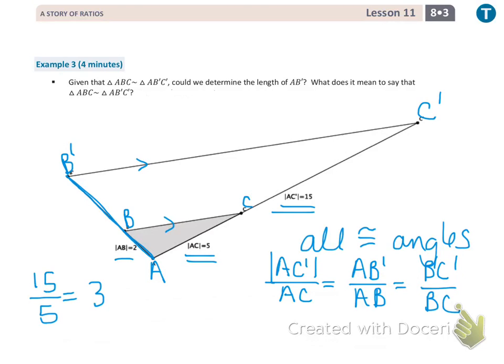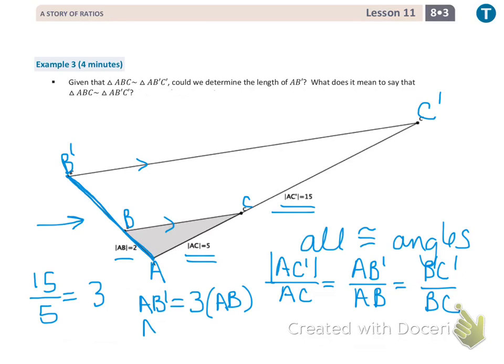And so I can come over to this side and dilate it by a scale factor of 3 to find out where B prime is. Because I've been told that these are similar triangles. That's the only reason I can do this. So AB prime is equal to the scale factor R times, and let's just put what it is in, scale factor is 3 times the original length, AB.